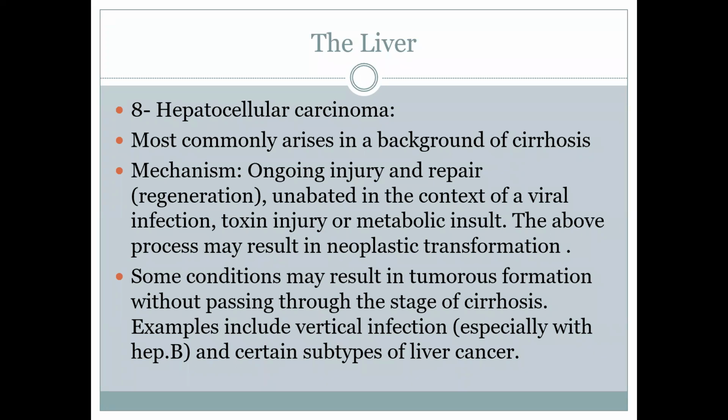At the same time, there are other mechanisms for liver cancer to happen. An example is what you see with the hepatitis B virus, because in hepatitis B the genome of the virus becomes integrated with the genome of the hepatocytes.